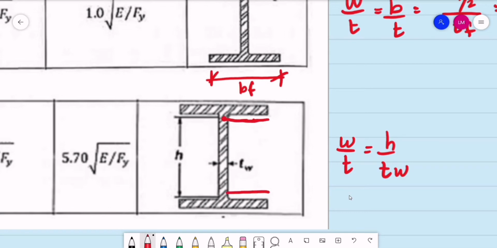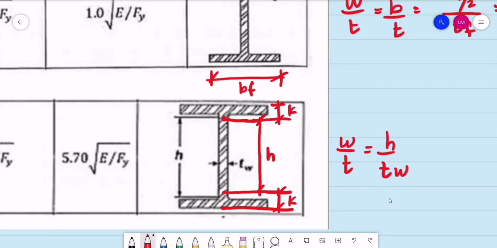This is how we measure the dimension h. This dimension from the extreme fiber of the flange to the end of the fillet of the connection of the flange and the web is denoted as k. So we have one k below and the other k on top.